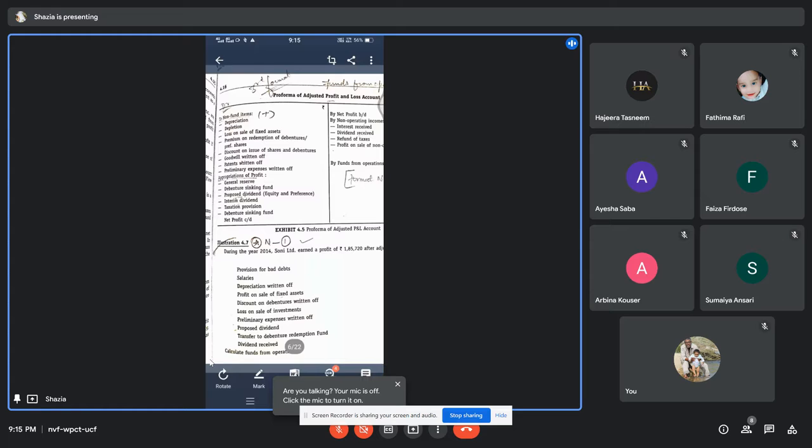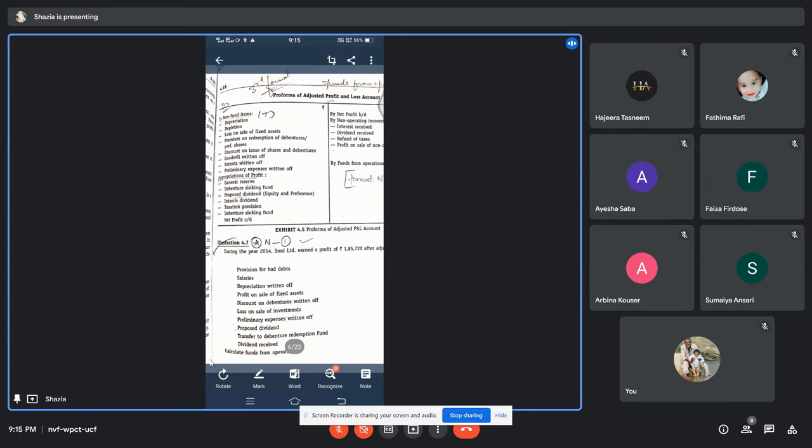for certain reasons. Okay, then appropriation of profits. Now appropriation means positive items which give you more value. What are those? You have general reserve, debenture sinking fund, proposed dividend. Proposed dividend can be given in the form of equity and preference. Then you have interim dividend, which is very, very important.